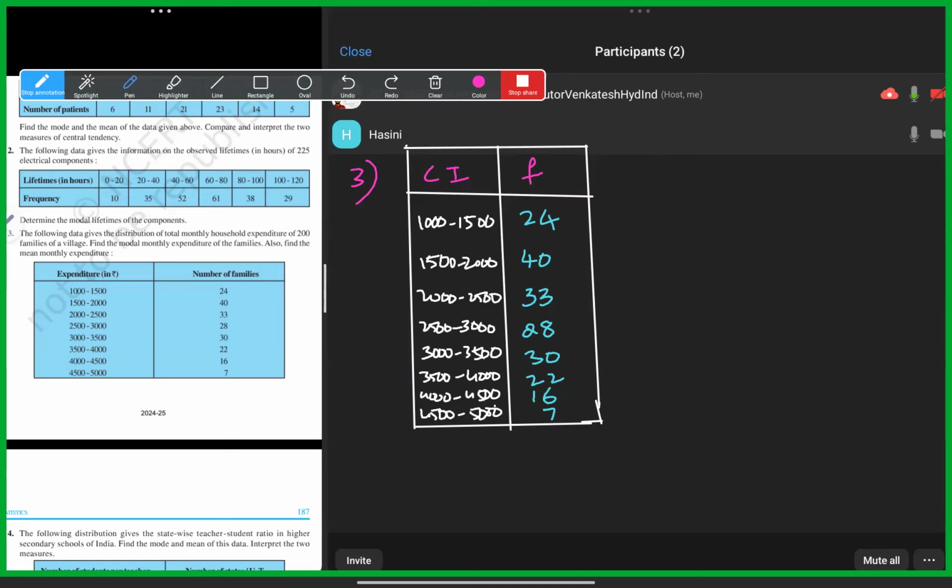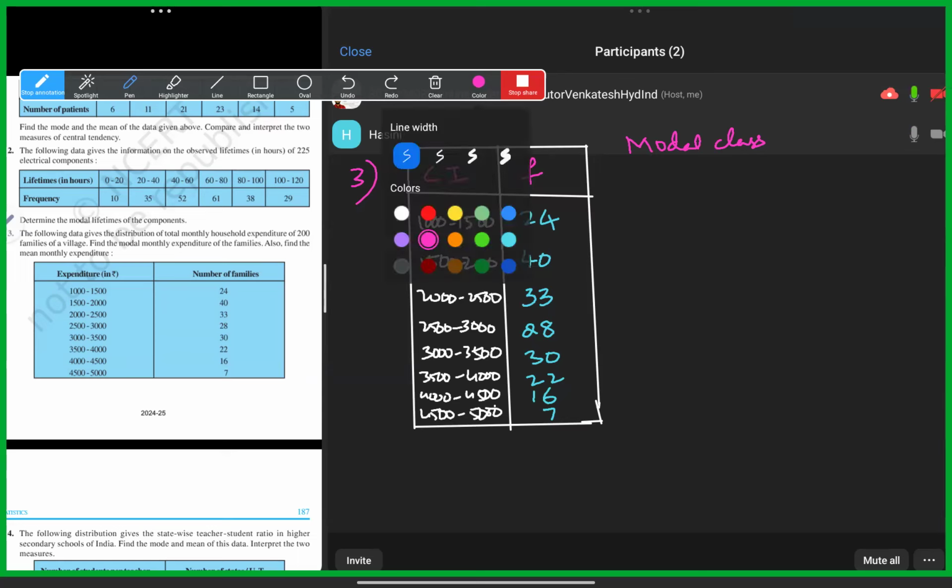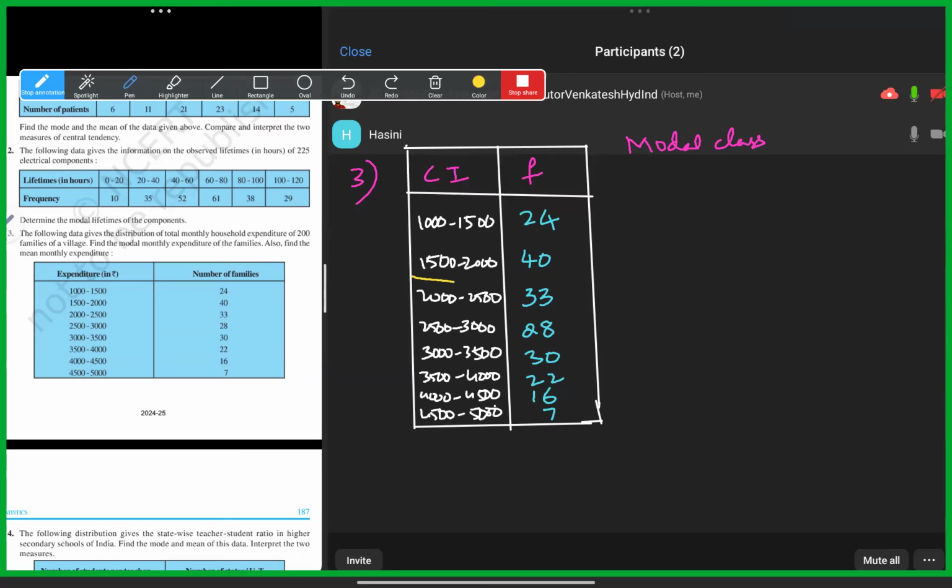Now, Hasmi, what is the modal class? The highest frequency observation, Hasmi. 1500 to 2000. Yes, Hasmi. Out of all the frequencies, 40 is the highest, which is the modal class.